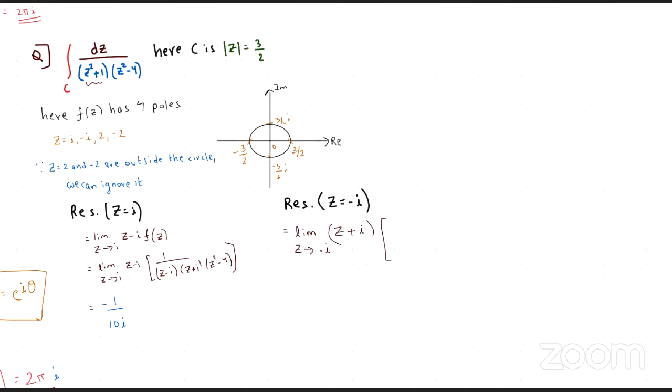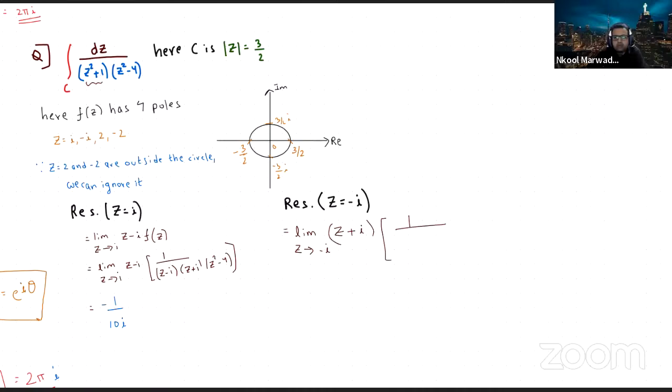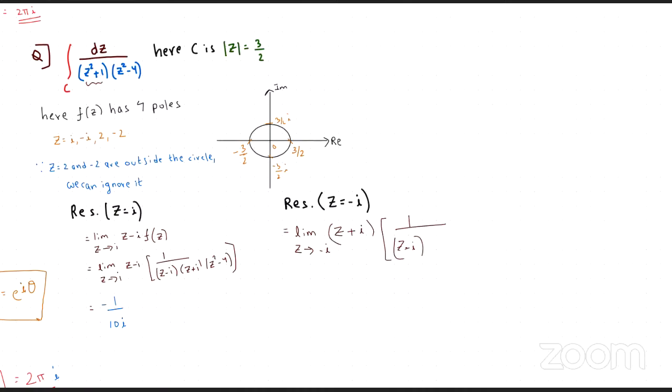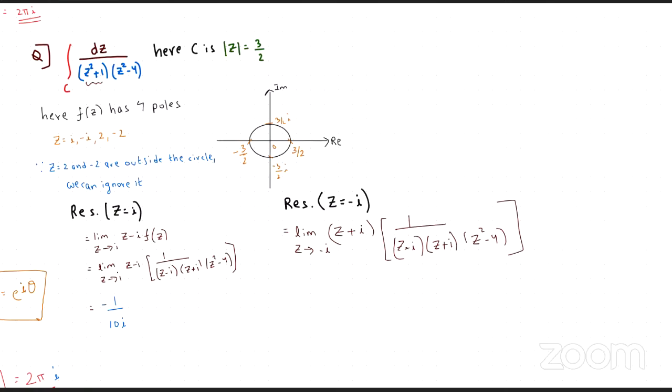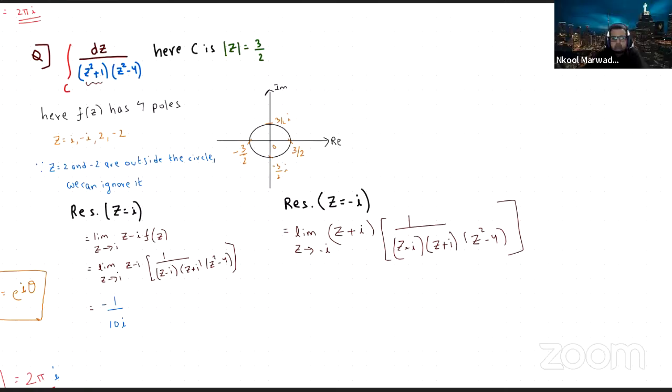In the denominator we will have z minus i, z plus i, and z square minus 4. Now z plus i will cancel. It will be 1 by 10, plus 1 by 10.